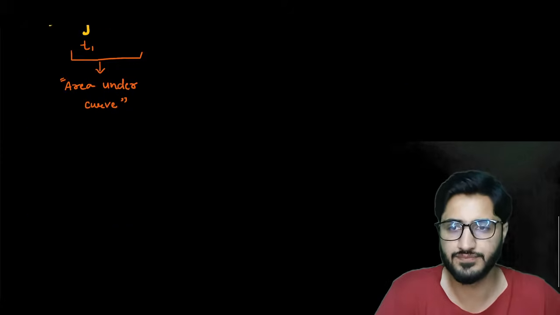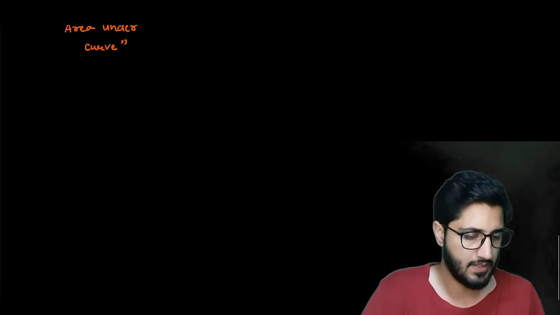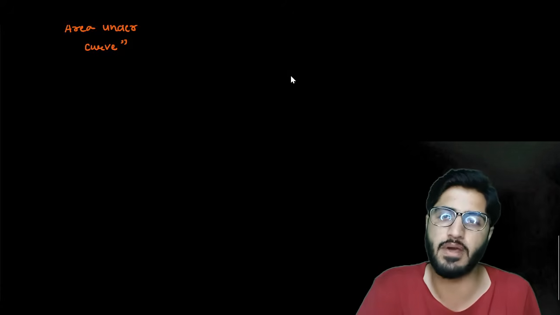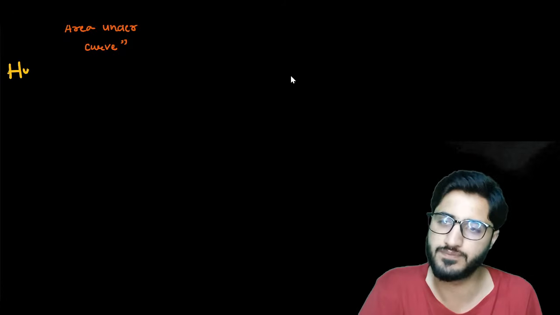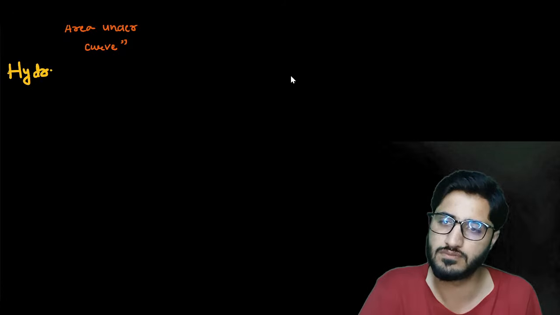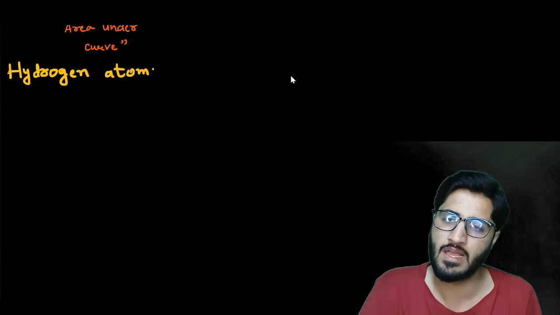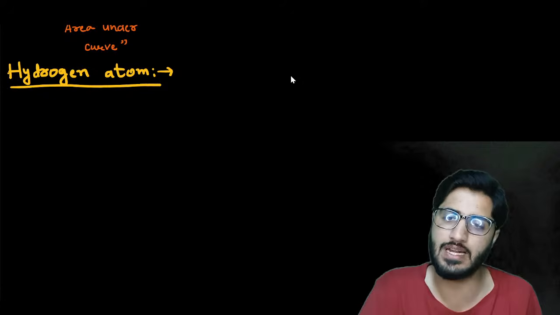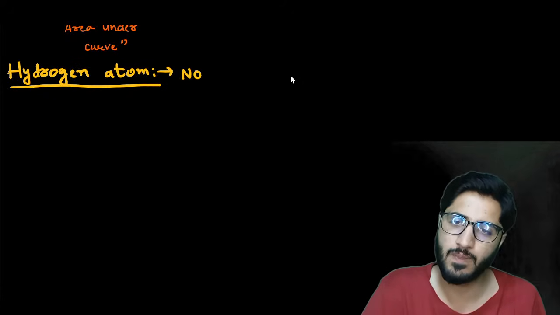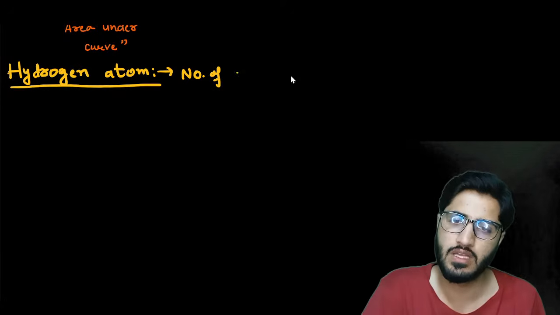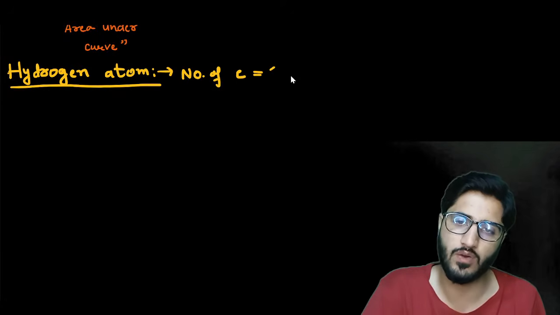Look now. Suppose, how to deal with different types of numericals. If we have a hydrogen atom, let us talk about the hydrogen atom. In a hydrogen atom we only have one electron, so the number of electrons is one only.